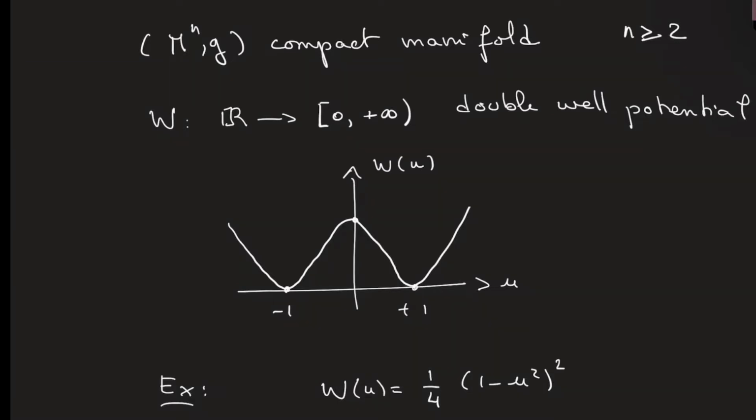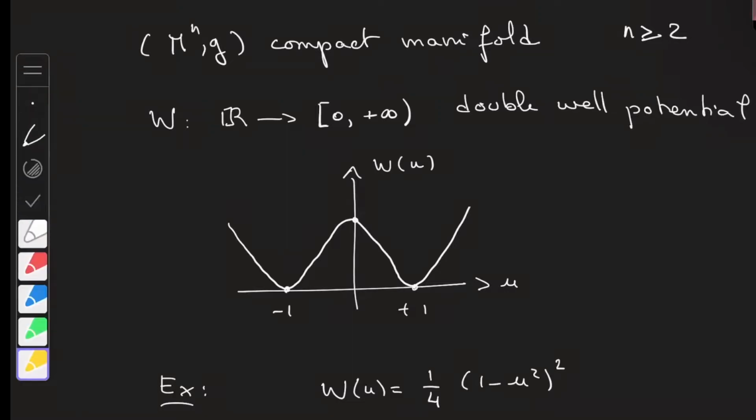So to start with, let's imagine that you have a compact manifold with a metric g, and it's n-dimensional. And you have what is called a double well potential.